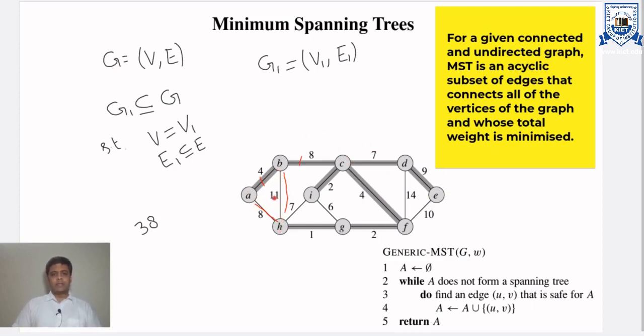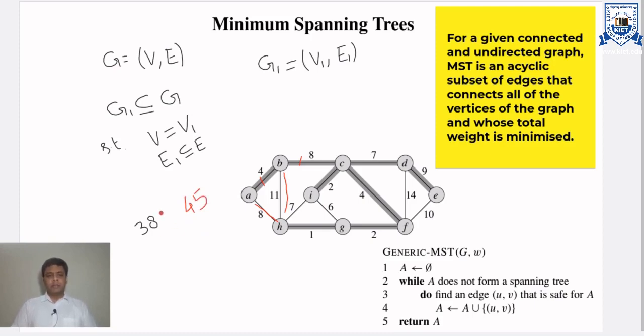Now again this is a subgraph following this particular condition. The vertices are the same, the edges are a subset of the original edges, and the edges are chosen such that the whole subgraph is connected. But now the accumulative weight of the edges is more than 38. It's 38 plus 7, which is 45. So now the new accumulative weight is 45.